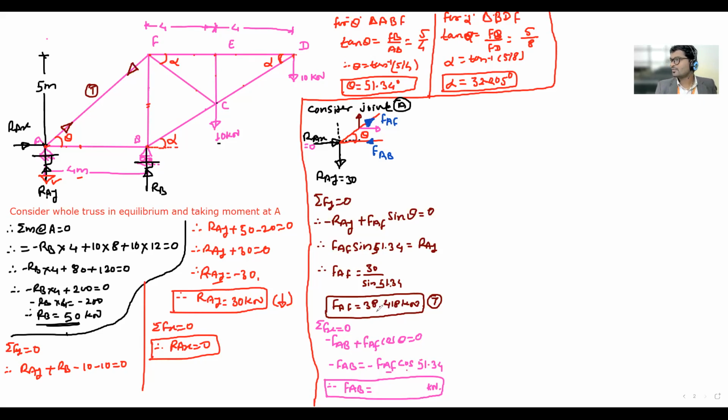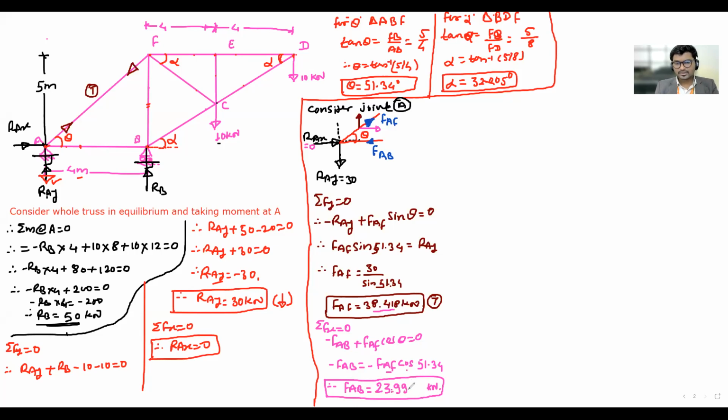FAF we know is 38.418. How much? 51.34. Did everyone get 23.99? Yes, sir. 23.999, so 24, sir.